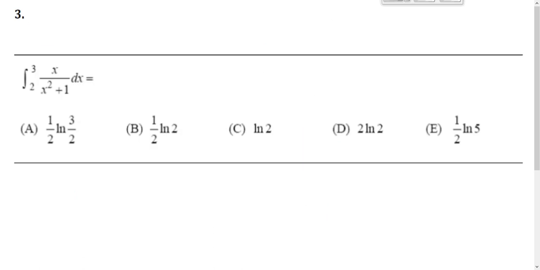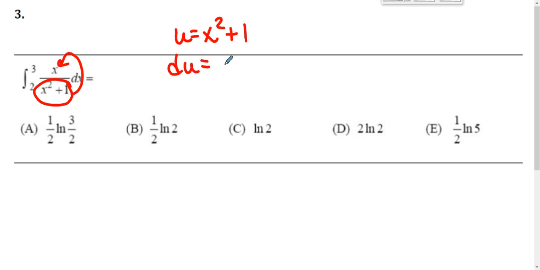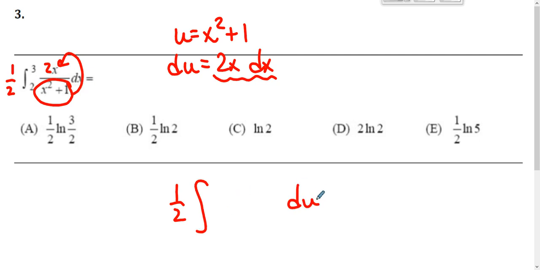All of these are starting to look the same, right? Like you're probably already thinking, I know what's going to happen. I can't replace this. Oh, look, I can. Compensate. So now we've got 1/2 of an integral of the 2x dx is here.